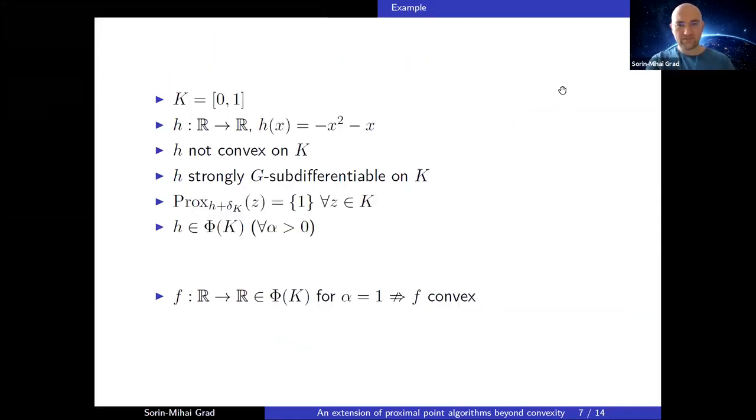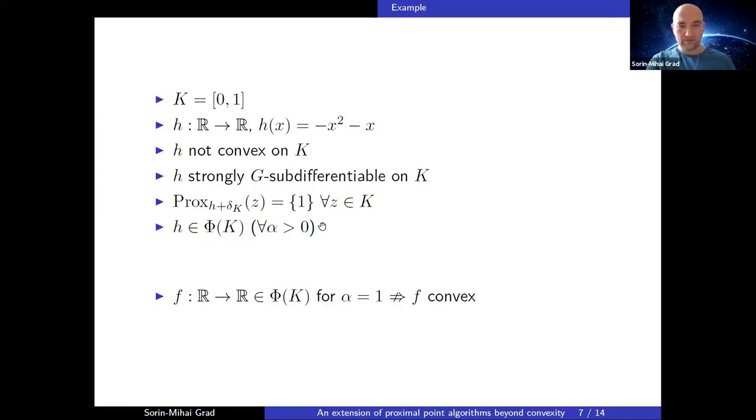But of course, it's always nice to have some concrete examples. For instance, in this constellation, we have this function, which is of course non-convex, minus x squared minus x on the set [0, 1]. This function, as I said, is not convex, but it is strongly G-subdifferentiable. It can be shown by just verifying the definition. Its proximity operator is very nice.